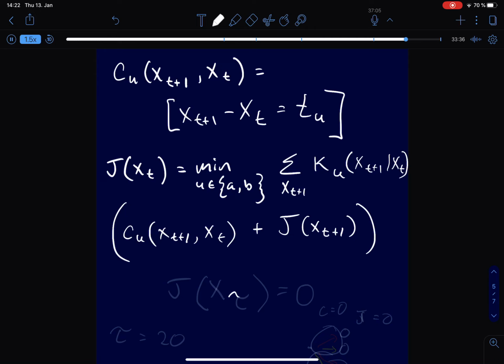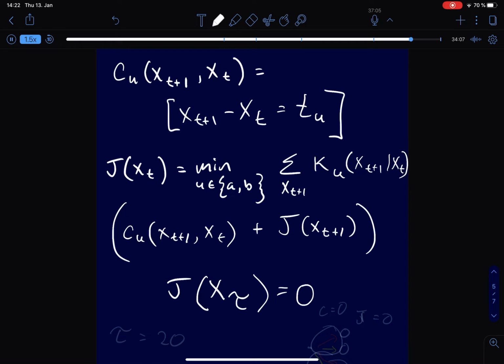So we have the terminal condition that j is equal to 0 if we're at our final time, which I'll call curly T. We're just counting our cost as we go along, how many heads and tails we've seen, and Uncle Bert won't deduct any points at the end.